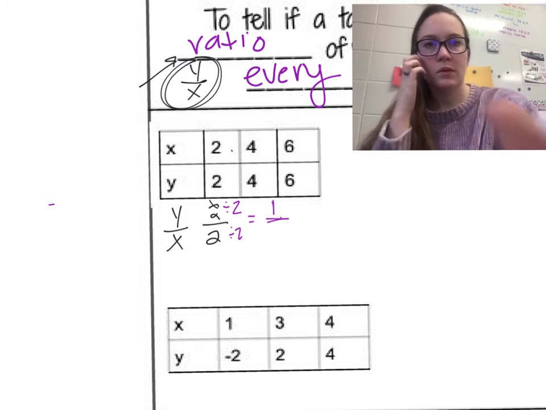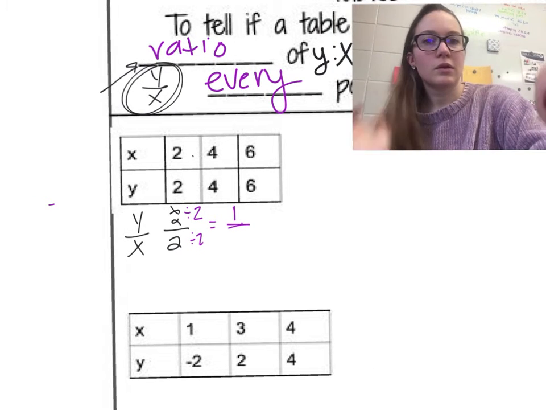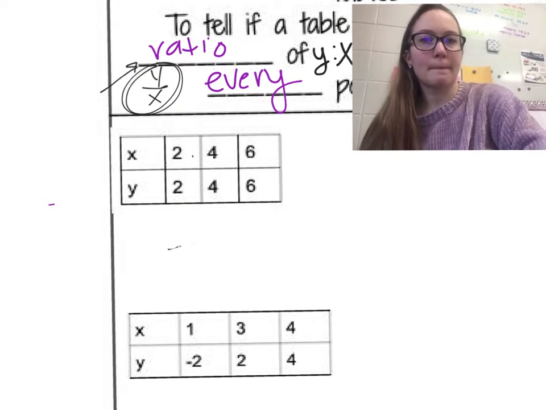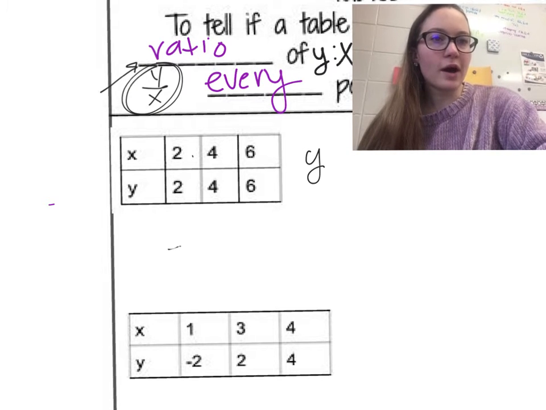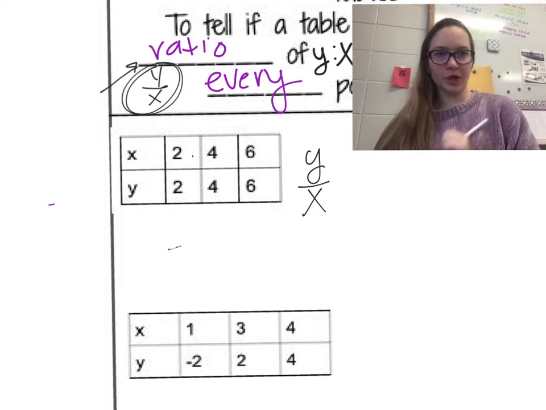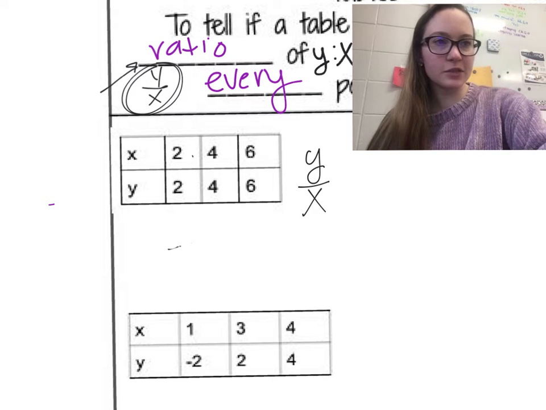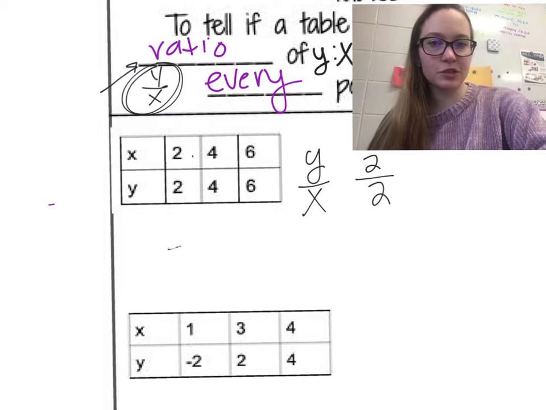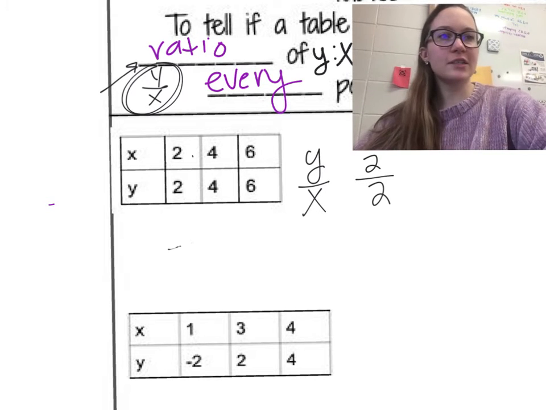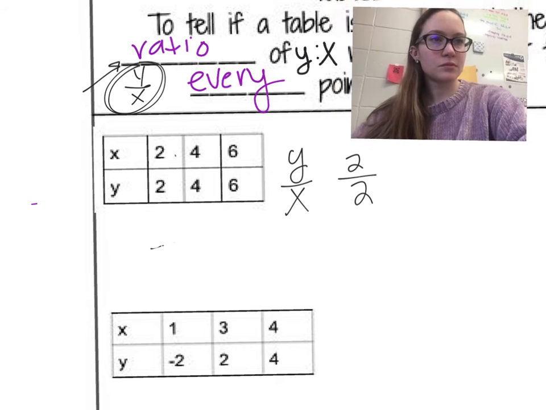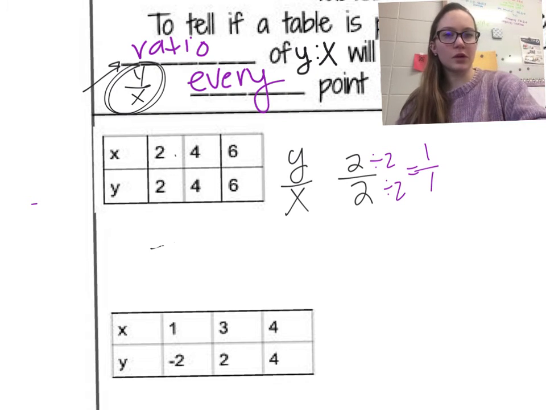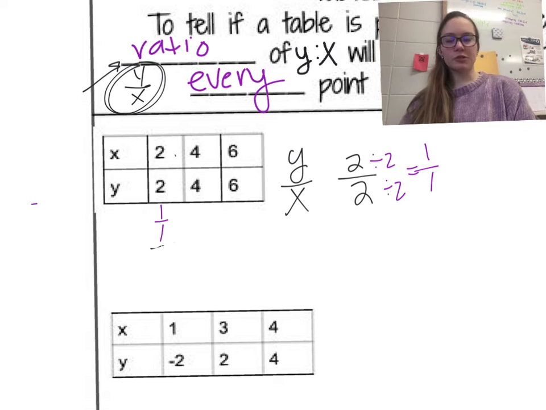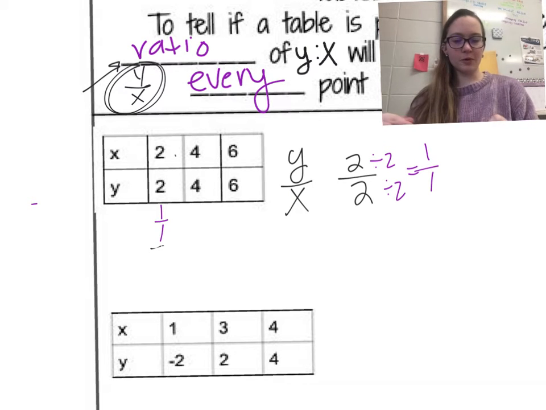Let's try writing that again. So y over x, we want that ratio, we want it reduced. So my y value is 2 over my x value of 2. To reduce those, I can divide them both by 2. Get 1 over 1. So the reduced ratio for that point is 1 over 1.